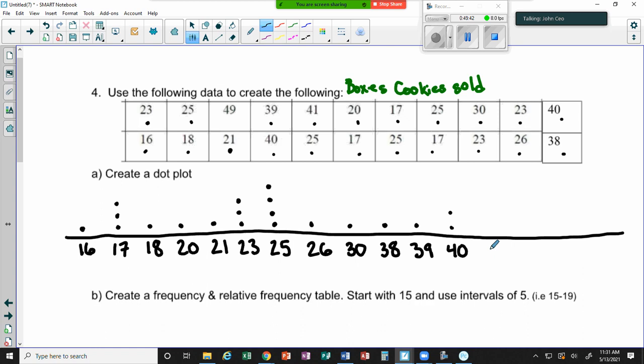A 41. And then lastly a 49. She labeled boxes of cookies sold.